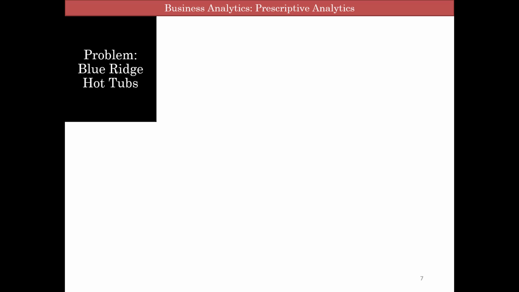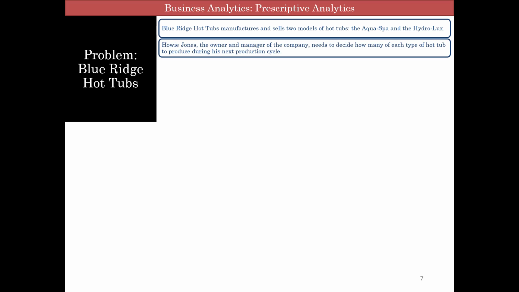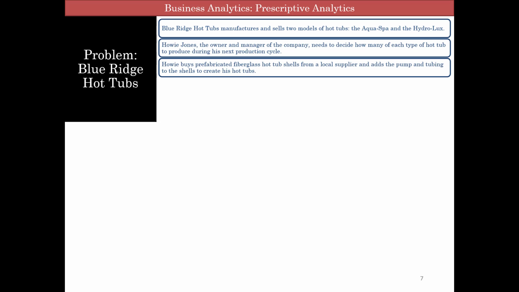So let's take an example. Let's look at Blue Ridge Hot Tubs. Here they sell two types of hot tubs, Aquaspas and Hydroluxes. Jones, the manager, needs to decide how many of each type of hot tub to produce in the next production cycle.